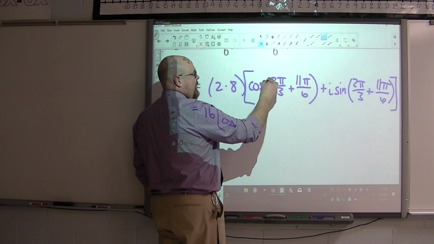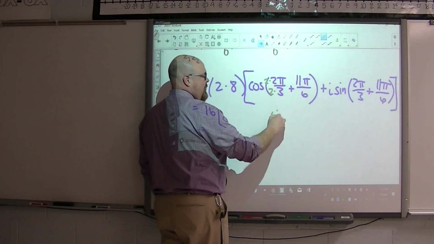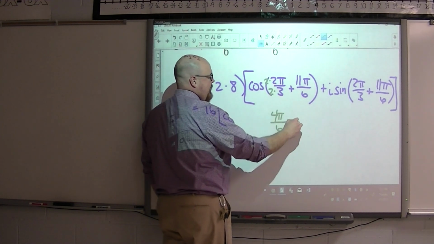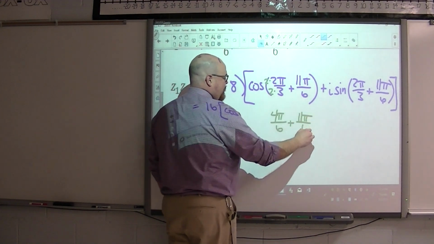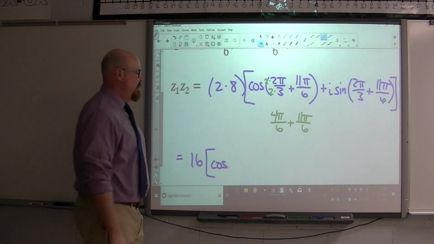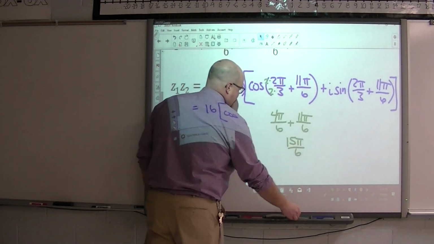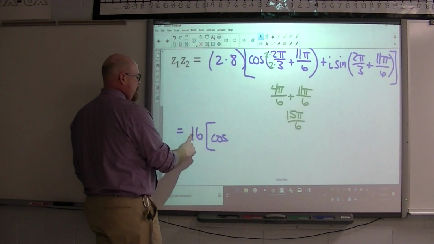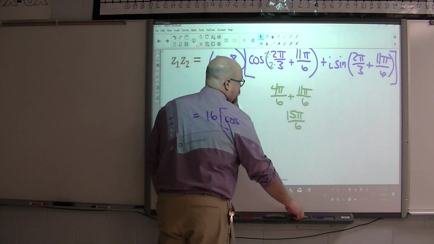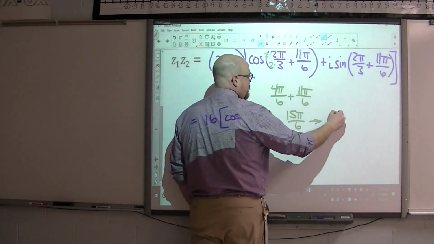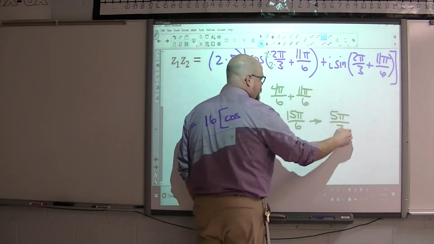So I'm going to multiply the top and bottom here by 2. So that's 4 pi over 6 plus 11 pi over 6, which is 15 pi over 6. And 15 pi over 6 reduces to 5 pi over 2.